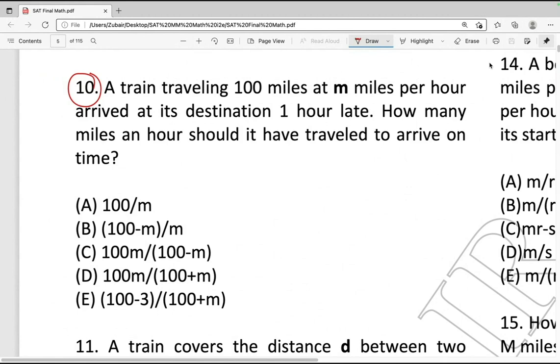Are you getting the context of the question? Yes, sir, I understand the context.